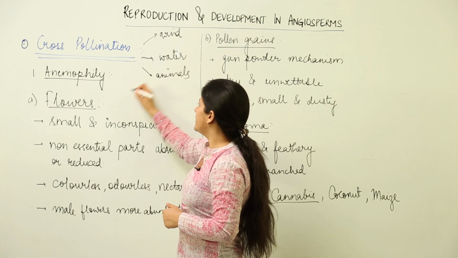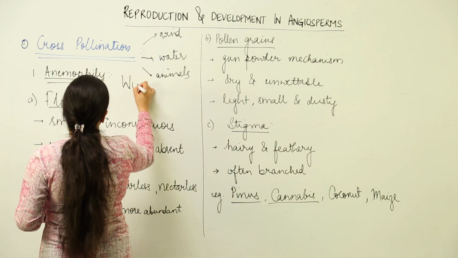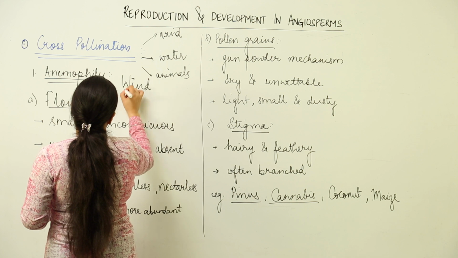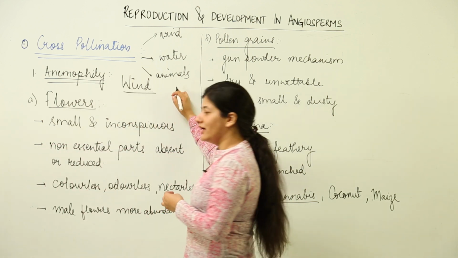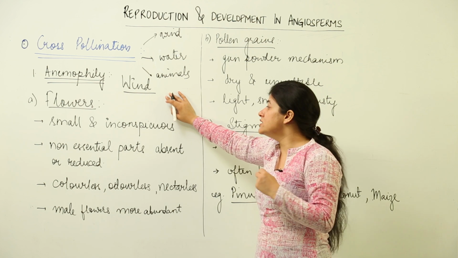Alright, so over here we are going to see wind pollination, that is, how wind assists in pollinating a flower, that means carrying away the pollen from the anther and taking it to the stigma.